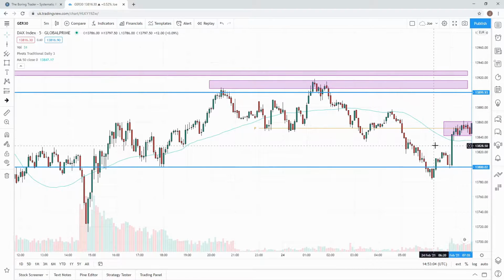Not much happens. Usually when many people see this kind of range, they expect a breakout of this range, and some people may put a stop entry here and a stop entry here for a long, and hope for the best. I don't like to be that. I like to see what the market is telling me and then take action accordingly. So let's see what happens here.